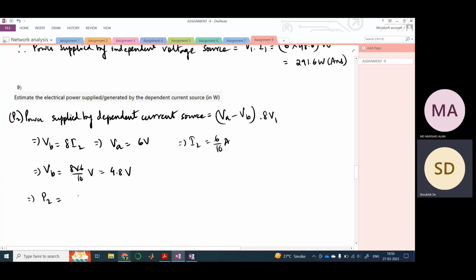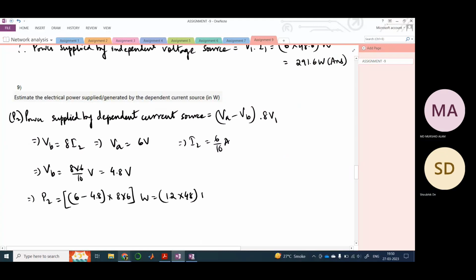P2 would be (6 minus 4.8) into 8 into 6, because V1 is 6. So this would be 1.2 into 48 watts, which is 57.6 watts. So this is the power being delivered, or supplied, by the dependent current source.